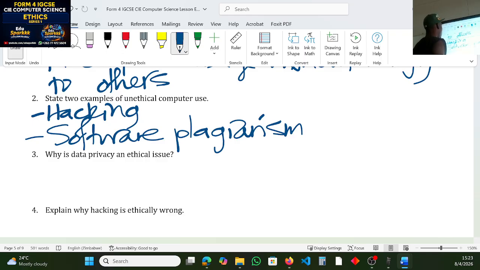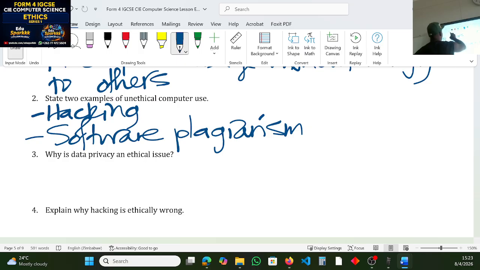Why is data privacy an ethical issue? Well, data privacy concerns are there because sometimes data is private because one needs to use it on a personal level. They don't want it to be exposed or shared with the public without their consent.